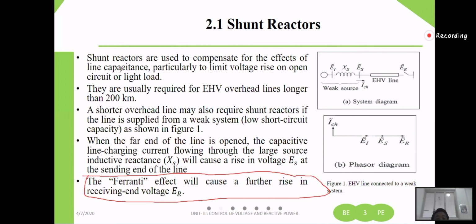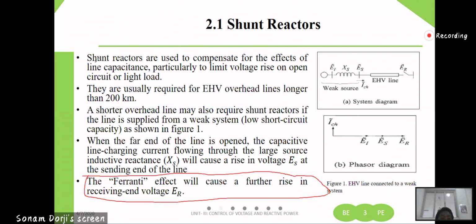But how? These shunt reactors are used to compensate for the effect of line capacitance in the transmission line, particularly to limit the voltage rise on open circuit or light load. Normally in a transmission system, if there is light load or open circuit, the line capacitance effect will be more.